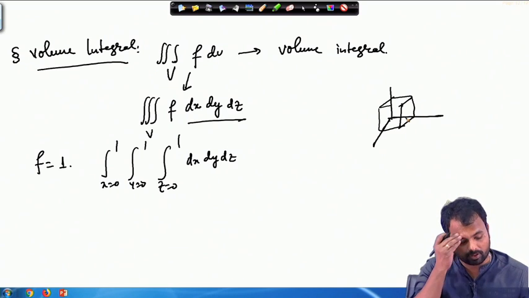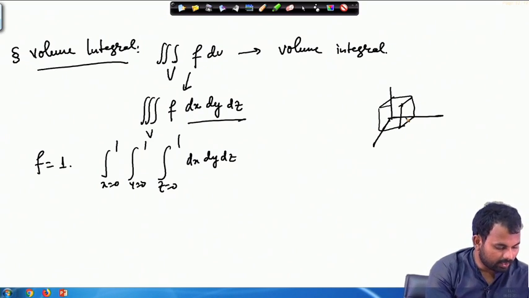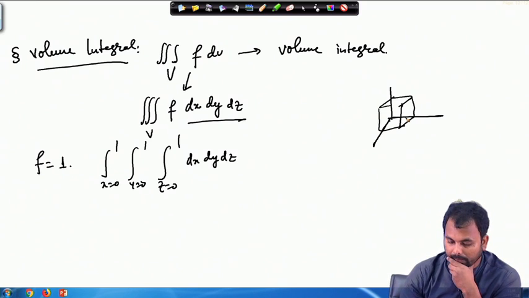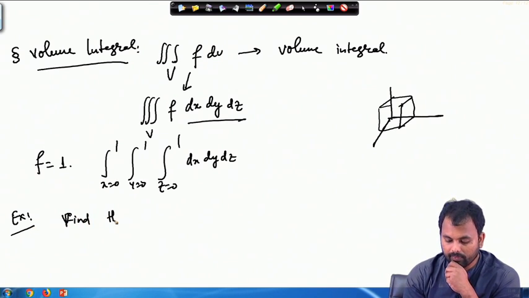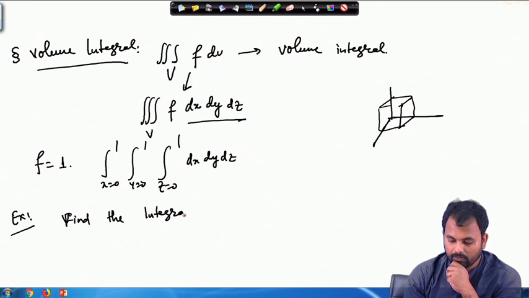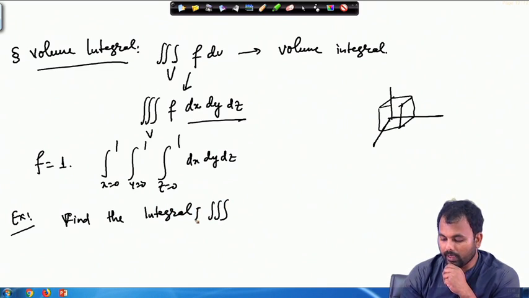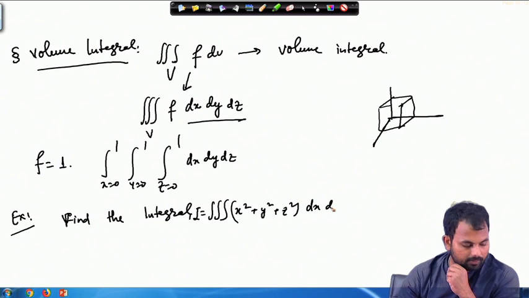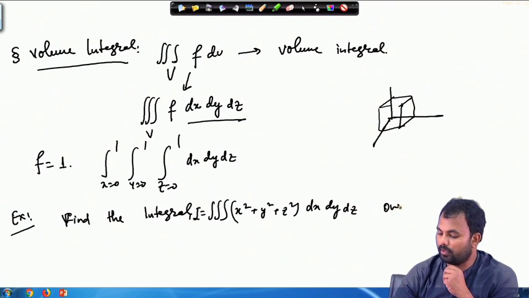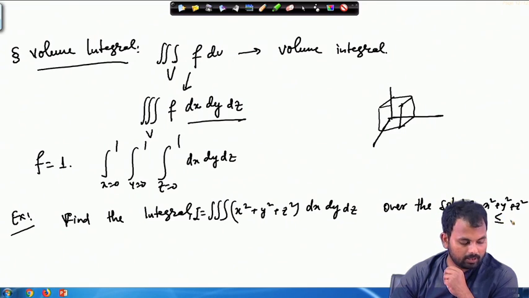Let us consider an actual example where we calculate the volume integral over a surface. First example: find the integral I of x square plus y square plus z square dx, dy, dz over the sphere x square plus y square plus z square less than or equal to a square.